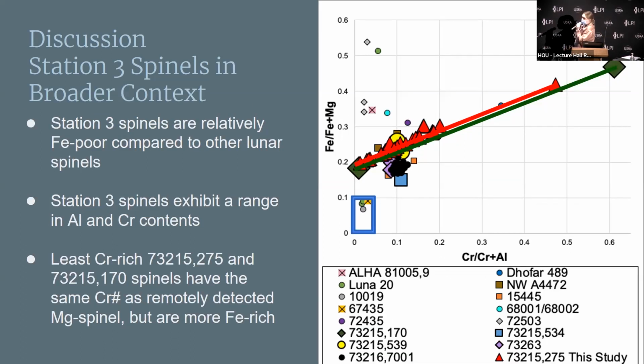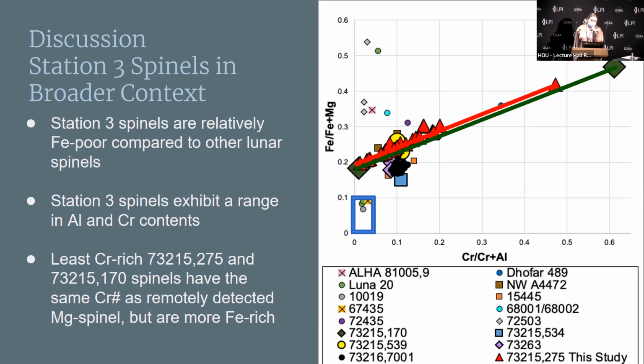Here's Station 3 back in the context of more lunar spinels, and I've brought back in the blue box representing the Mg spinel composition. Station 3 spinels are relatively iron poor compared to other lunar spinels, which I think is a lot more apparent in that larger graph I showed at the beginning.